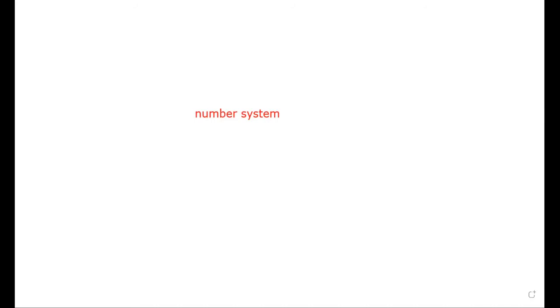Under that, write down the first one, decimal number system. Now in this decimal number system, numbers from 0 to 9 will be used, and the base value is 10. 0 to 9 means altogether 10 numbers are there.